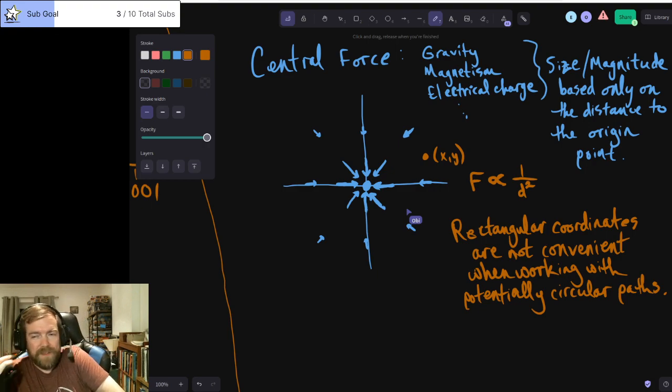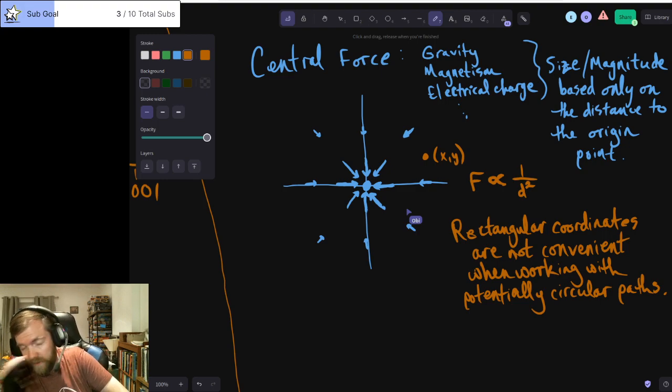Right, so if you do have a potentially circular path, we already know there is the possibility to throw this object at a particular location in space with a particular velocity from its initial point, such that the forces will directly equal each other, and we end up in a perfectly circular orbit.